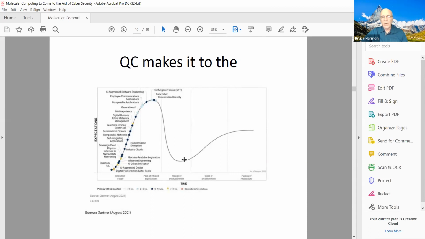So they go through a trough of disillusionment before people begin to really use the technology, and we end up with a plateau of productivity for a given technology over time. All kinds of technologies, you can see on the chart, have those that Gartner thinks are applicable going forward. But anyway, the point is that the quantum computer has reached a point of hype that it did not experience before. So there's something to be said for getting on Gartner's radar.